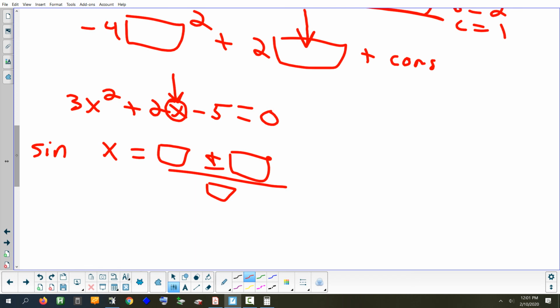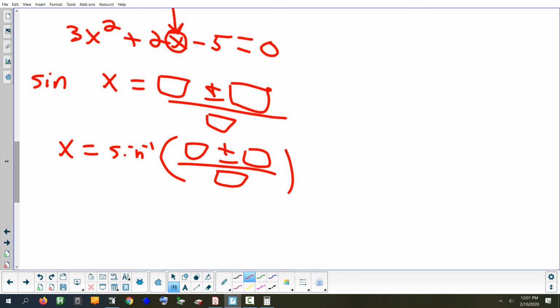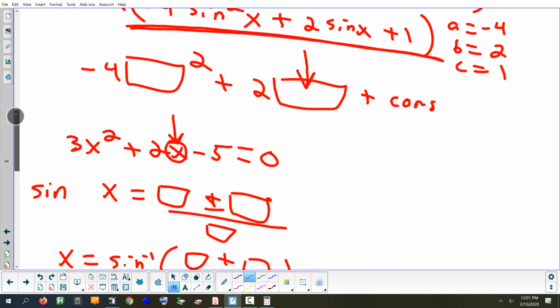You're solving for sine x. And how do you get rid of sine? Inverse sine. So when we solve one like that, it's going to be the inverse sine. You still do the quadratic formula just like you normally would, but you have to take the inverse sine at the very end. That part I'm going to talk more about tomorrow.